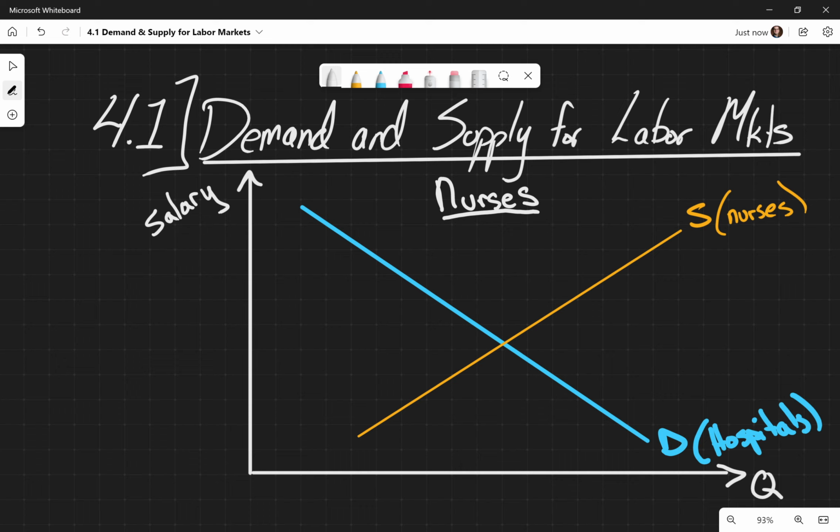It's going to look a little bit different in the book, but I'll just keep it simple here. So we find that the equilibrium wage for nurses is $70,000, and the equilibrium quantity of people would be around 33,000.